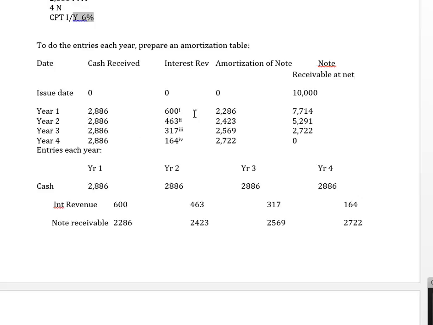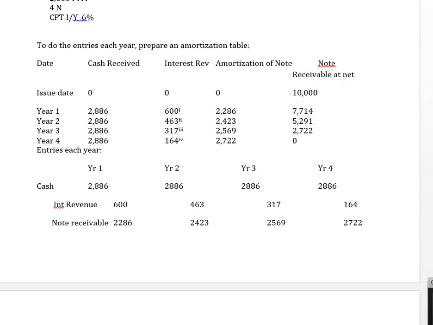So if $600 is the amount of interest revenue that's included in the 2,886, then 2,886 less 600, which is 2,286, must be the amount of the note that's being paid down. So if the note was valued at $10,000 at the time it was issued, less 2,286, that means that the carrying value, or the net value, of the note is going to be 7,714.